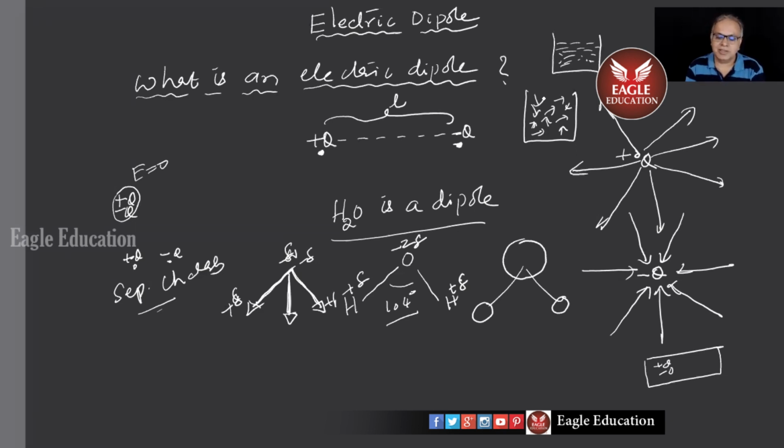Only thing is, this water now is not as a whole polarized. That means as a whole, there's no plus minus there, because in a glass of water like that, these electric dipoles are all randomly oriented. There's no net dipole moment, we say. Whereas for a single water molecule, there's a net dipole moment. Whatever it is, I'll discuss.